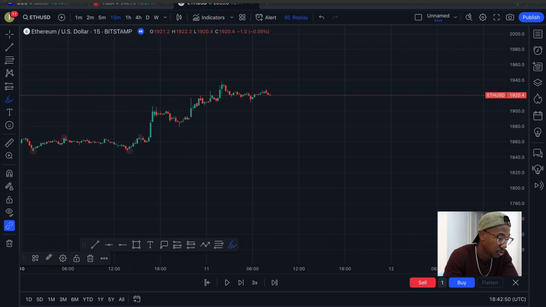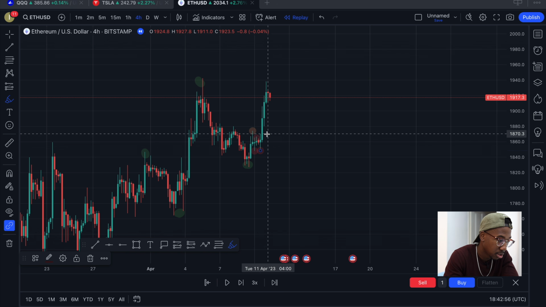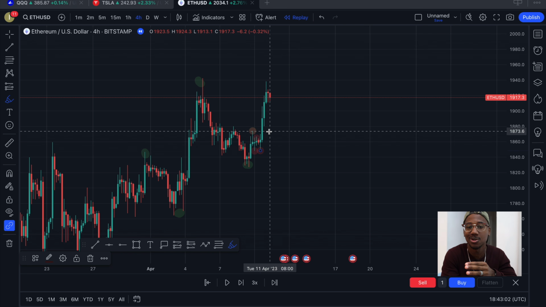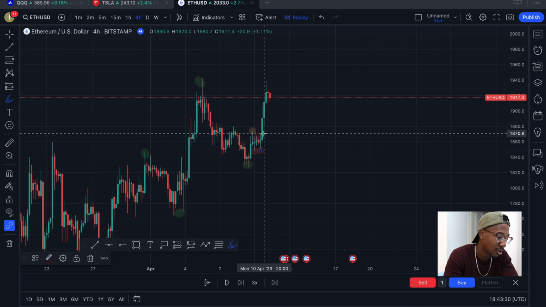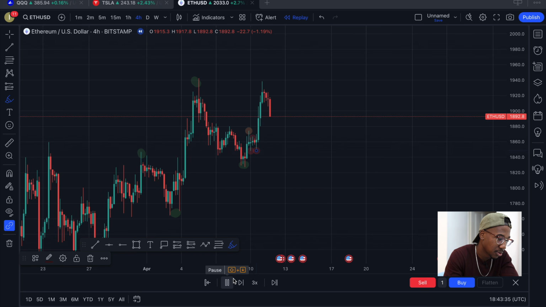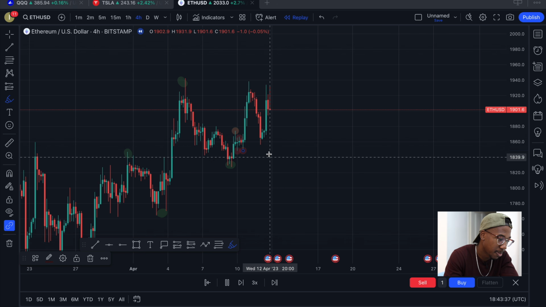If we go up to the 4-hour, this is where we got our break of structure on the 15 minute. So in this instance, once you see that break of structure on the 15 minute, you know we're bullish. You're able to ride the continuation, and watching on the 4-hour, let's see what happens. All right, so we come back down, retest that level.